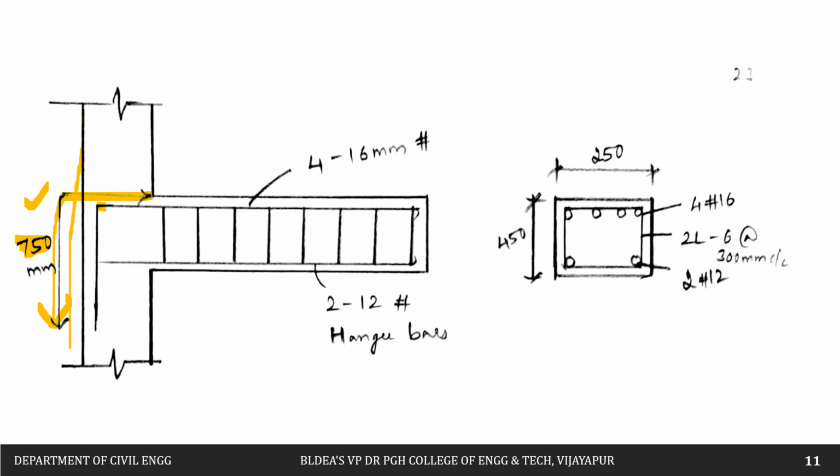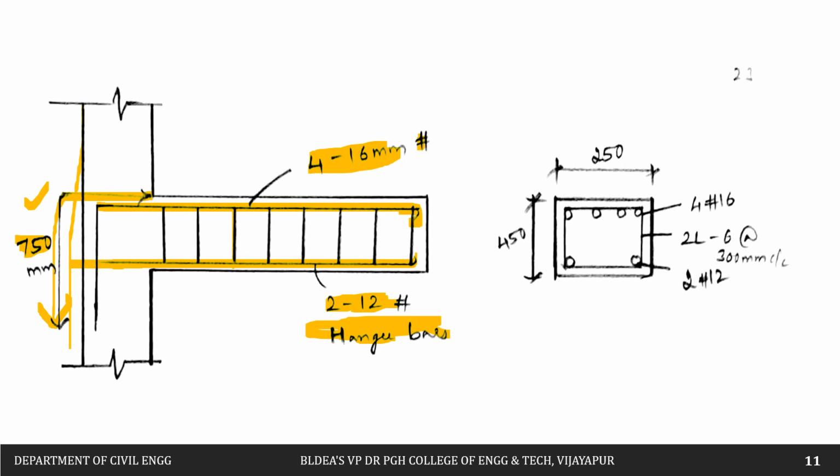As for the reinforcement, we have calculated the top reinforcement, that is 4 bars of 16 mm diameter, and this has to be provided. As it is a singly reinforced section, we are going to provide nominal reinforcement, that is 2 bars of 12 mm diameter as hanger bars.